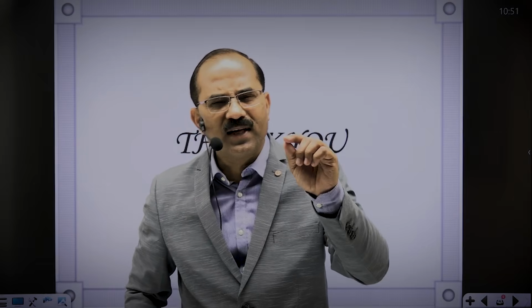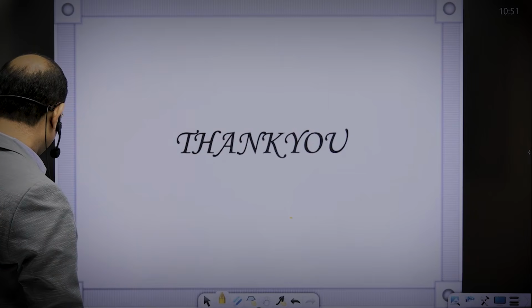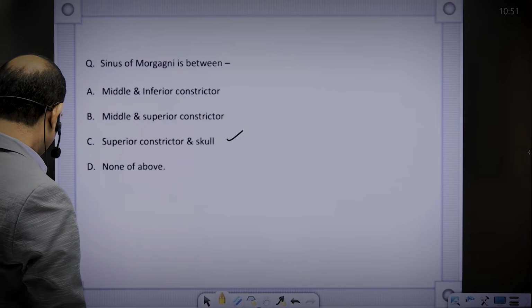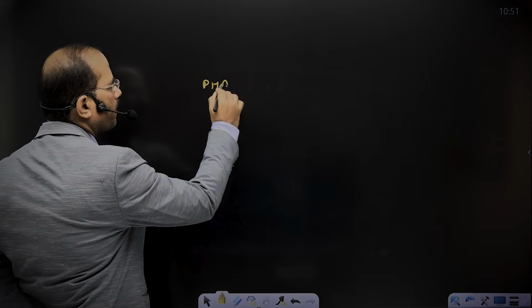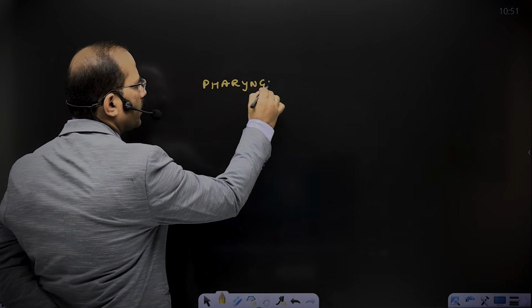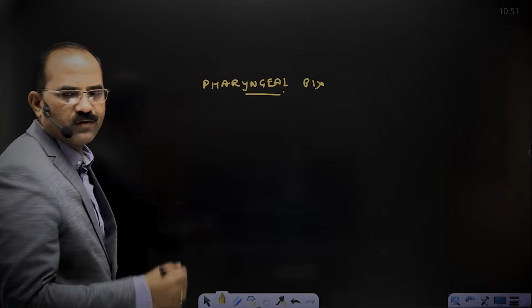Now, one more thing I'll tell you, what is the pharyngeal plexus? Because you might get an MCQ on this. This pharyngeal plexus is going to supply many things, so you have to know it.